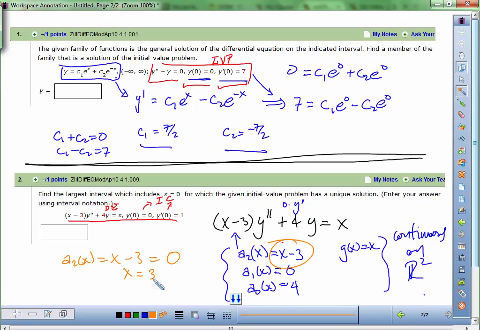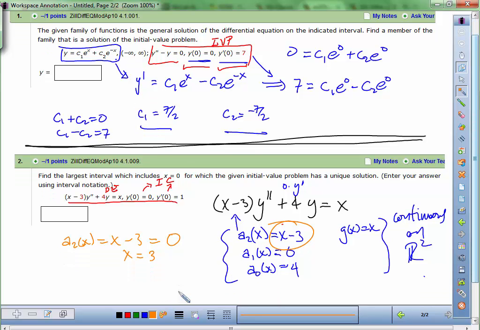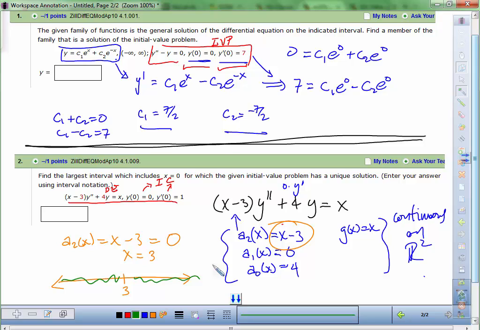And so I have an issue at x is equal to 3. So in my number line, x is equal to 3, I can have my interval to be on the left of 3 or on the right of 3, but I can't have it containing 3.